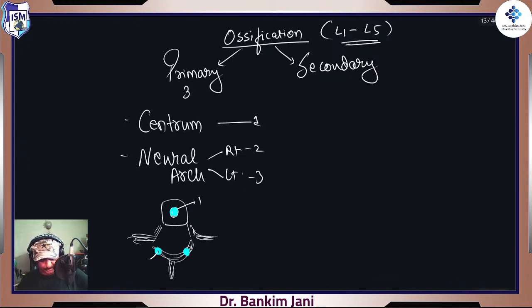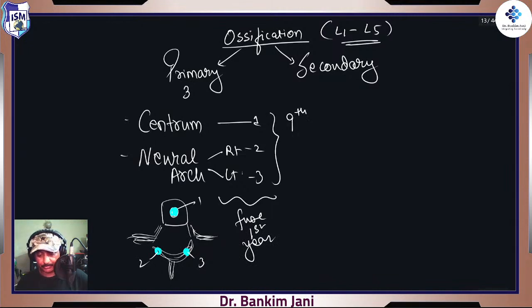That's how they develop. They fuse by the first year. They appear very early, almost by the 9th week of development. Now in secondary, there are 7 ossification centers.